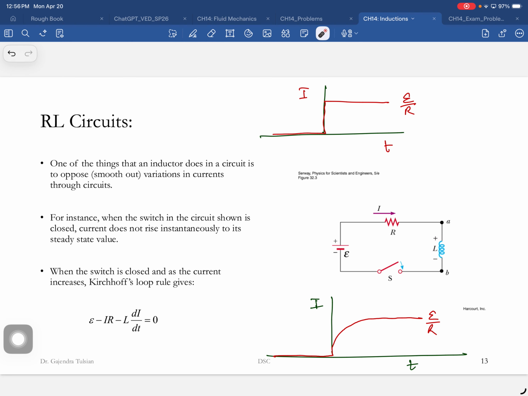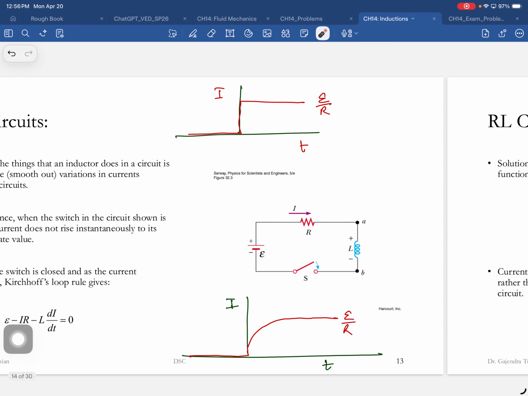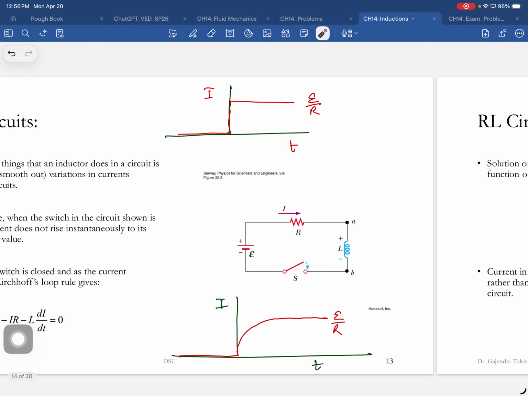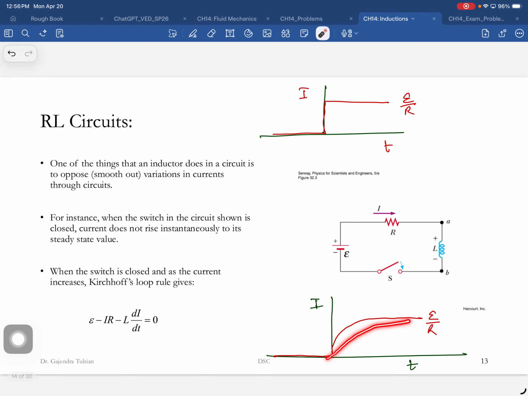So this is an ideal inductor. It has no resistance, so the maximum current is E over R. And the time constant is given by L over R. So the greater the time constant, that is the greater L, the slower the current will rise.